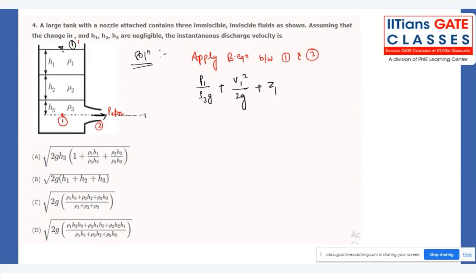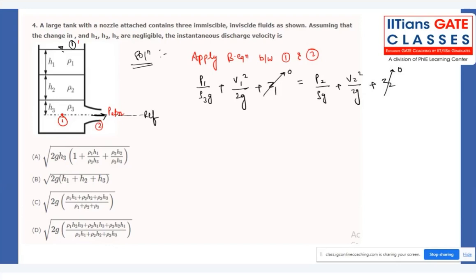Let me consider this as the reference, so the height will be the same, that is 0 here. Equals P2 by rho 3 g plus V2 square divided by 2g plus Z2, which is also 0 because both points are on the same reference line.